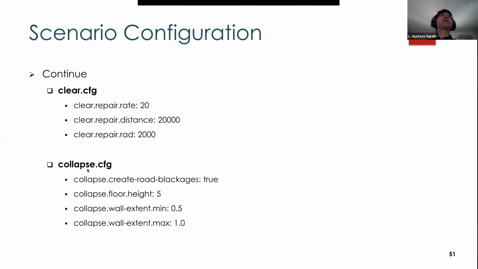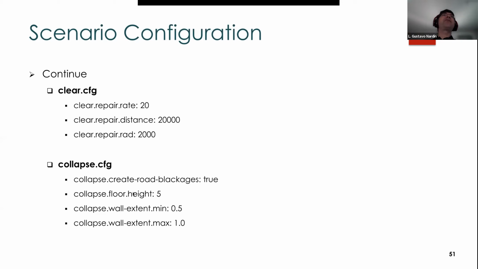And the collapse configuration defines the strength of the disaster and how much will be blocked. But how do we define that? Well, first we can define whether we will have roads blocked once the disaster happens or not, usually true.